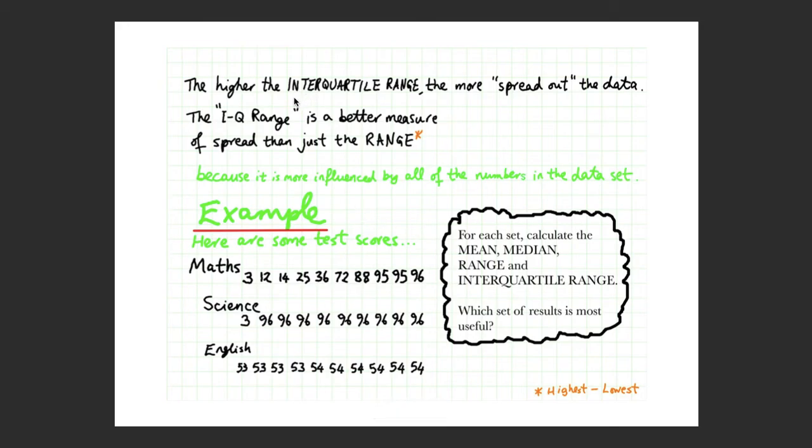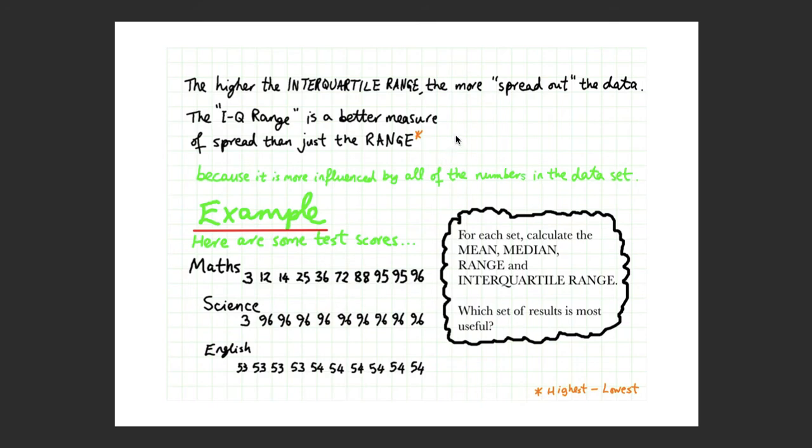The higher the interquartile range, so go back and pause that screen if you didn't get it, the more spread out the data. So the IQ range, I'm using IQ to mean interquartile rather than intelligence quotient this time, is a better measure of spread than just the range.